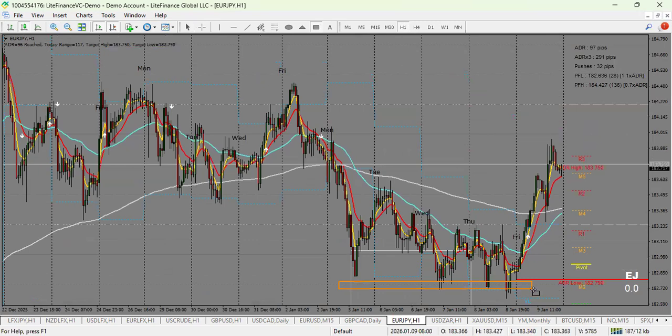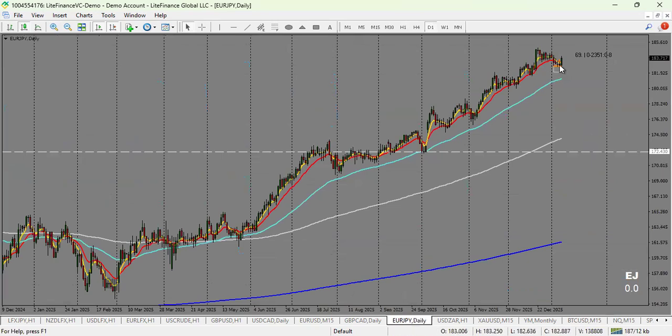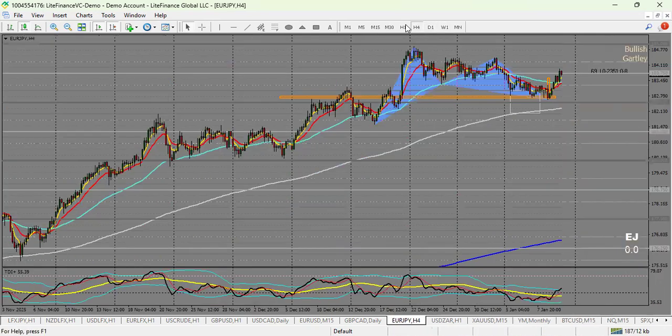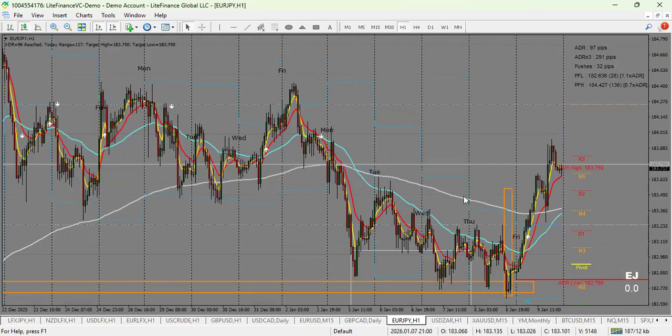So here is where the peak is now set, and we are bullish. On the daily, this is very, very nice. If you draw here, this is an area of support, and the market is now going to go up. ADR is 97 pips. So that's ADR times 1.